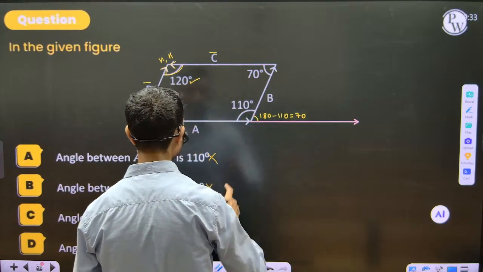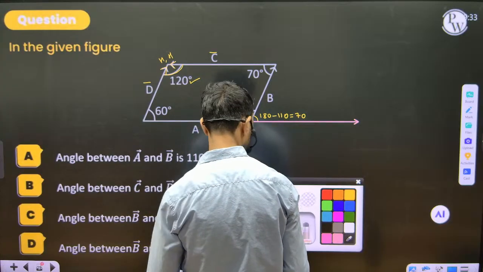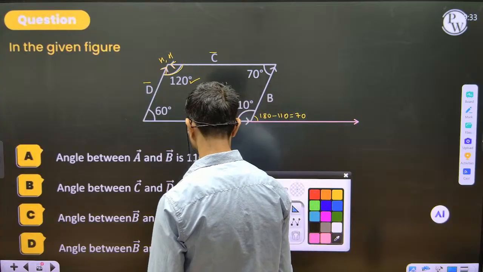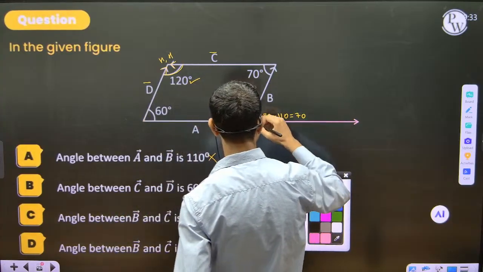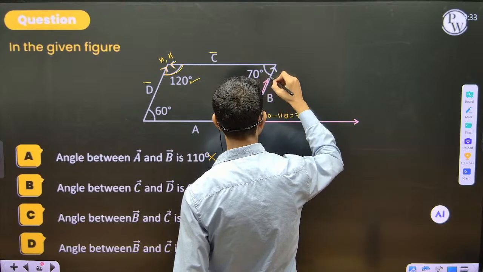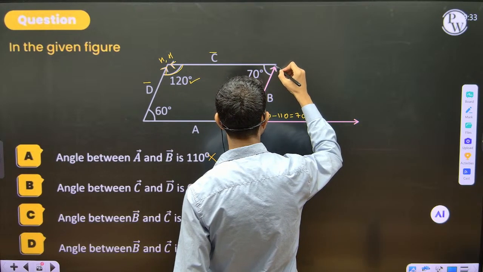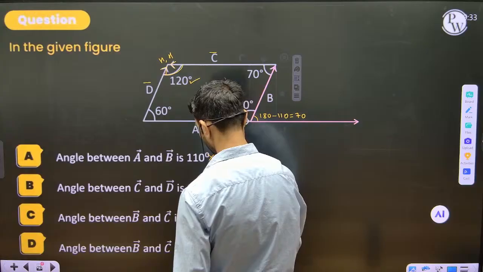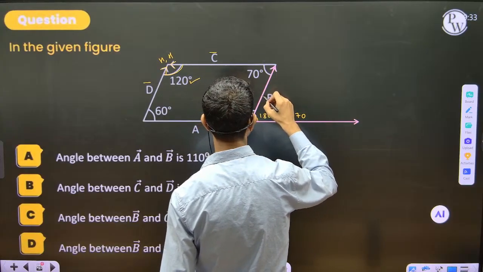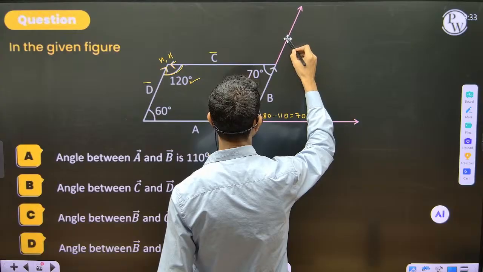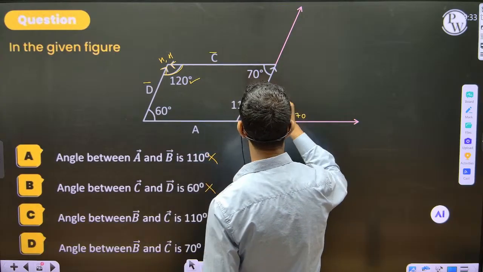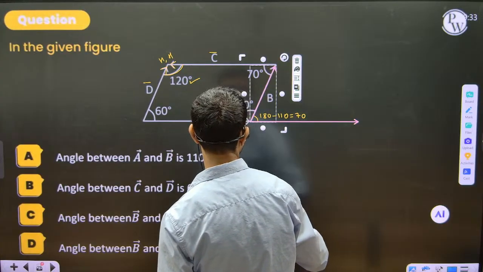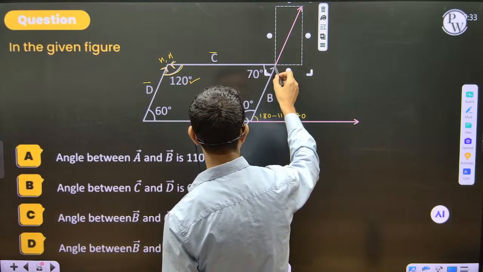Then let us find the angle between B and C. For that, I have to do parallel shifting. I have to bring tails and tails together. Now you can see tails and tails are together.